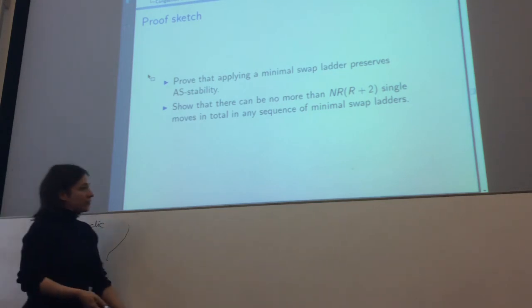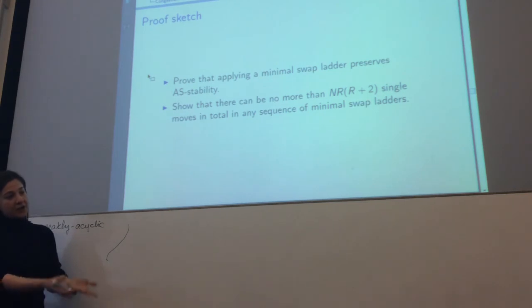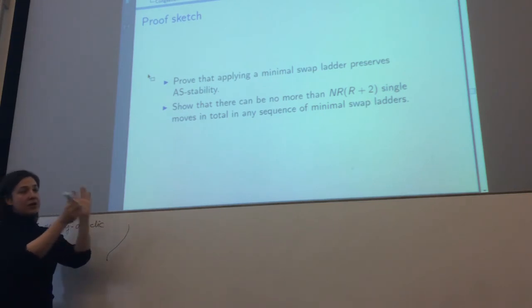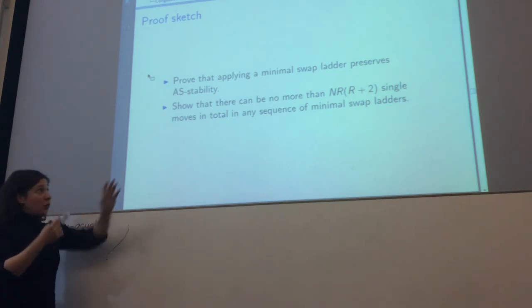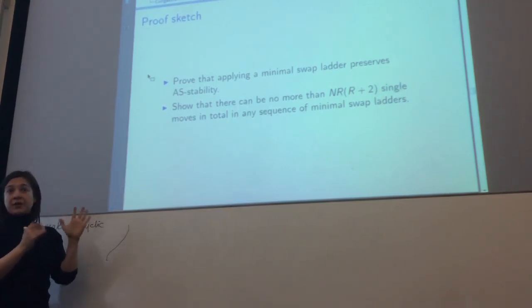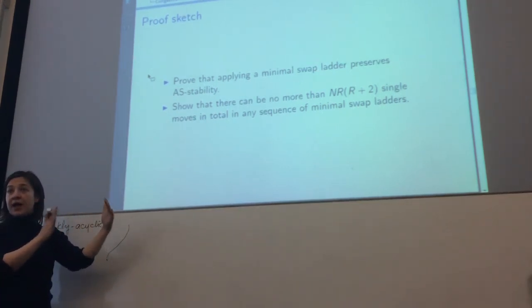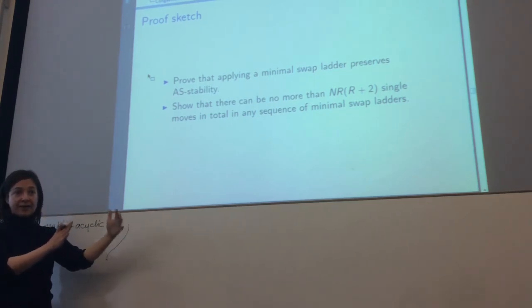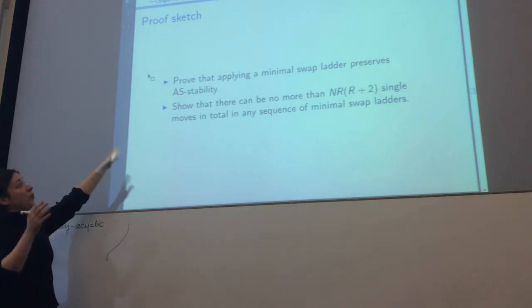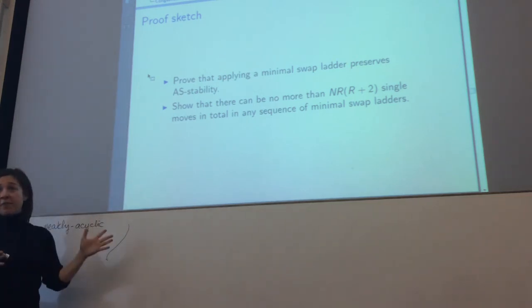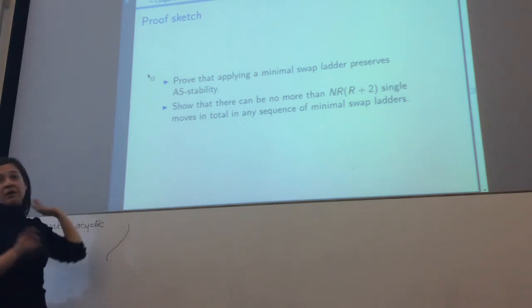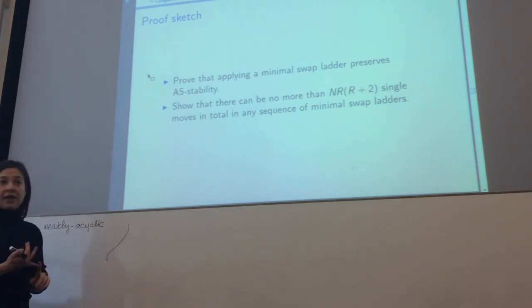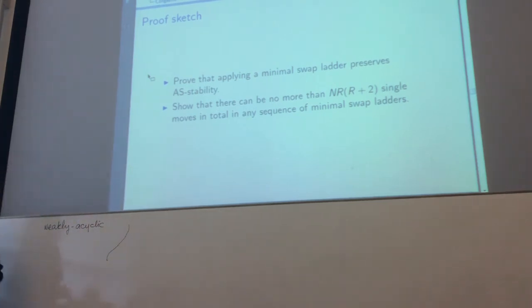So we can take our agents to a profile where they use the maximal number of resources, do whatever the previous procedure wants to reach in polynomial time add and switch stability, then apply all possible swap ladders that they may have. There will be only polynomially many of them, and we will not ruin stability against adds and switches.